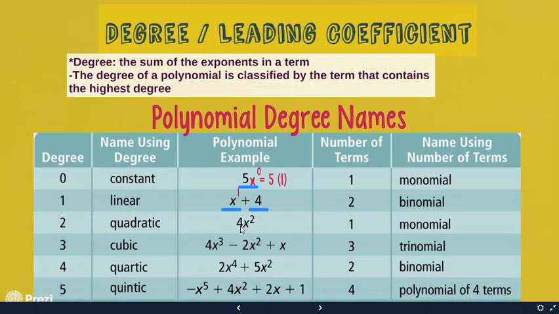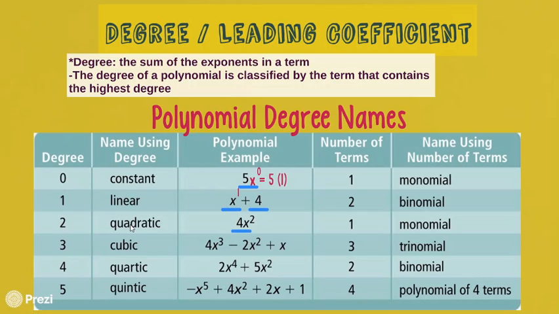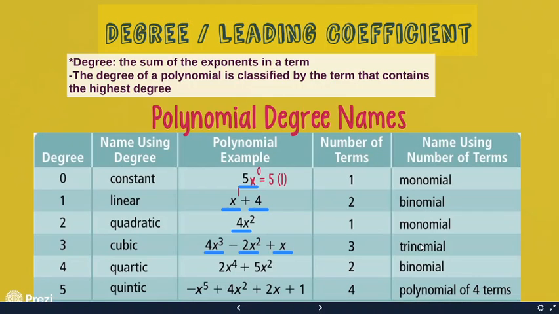Okay, this next one is one term again, which means it's a monomial. The highest exponent on my x is a 2. So when the highest exponent is 2, it's a degree 2, which is called a quadratic. Our next one has 3 terms, which we know is called a trinomial. This x is x to the first, this one's x squared, and this one is x to the third.